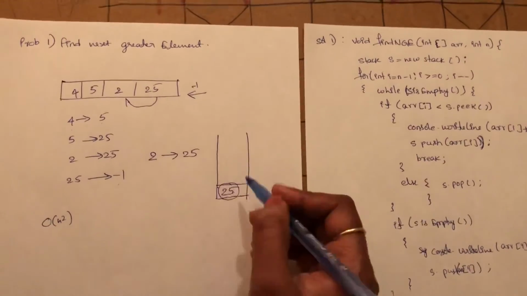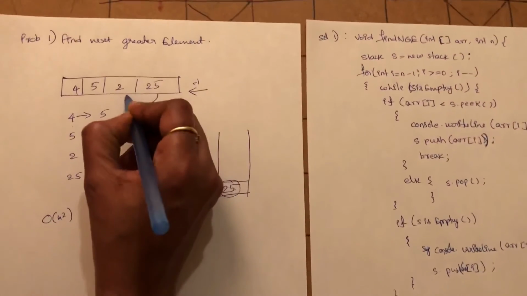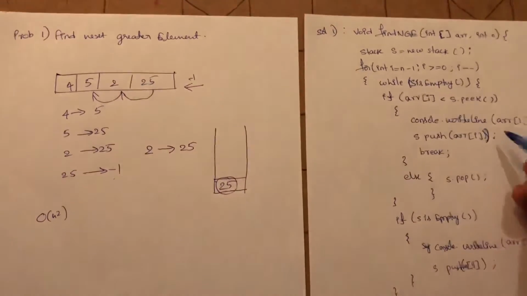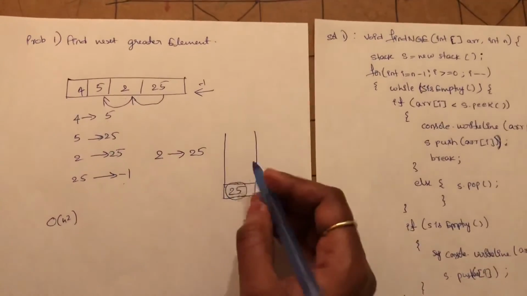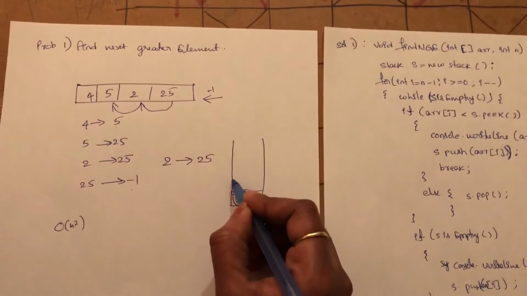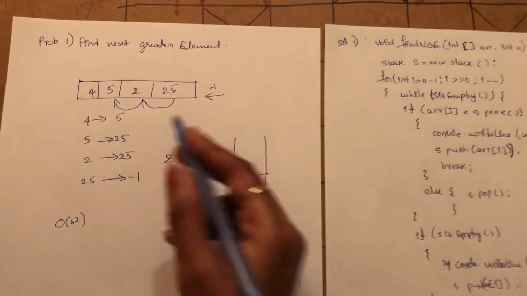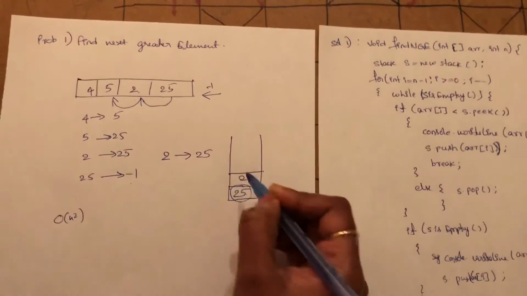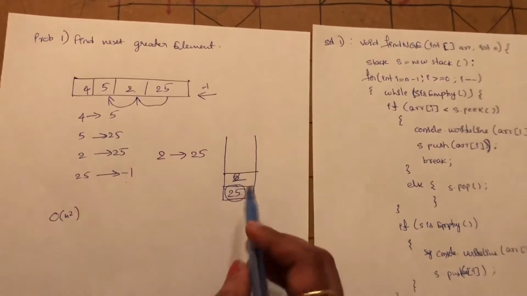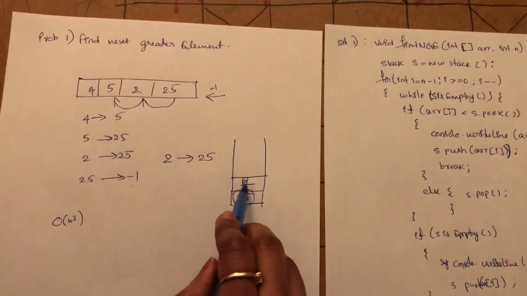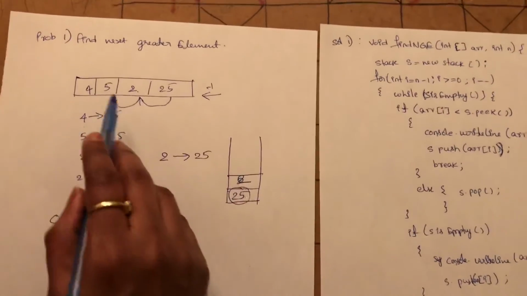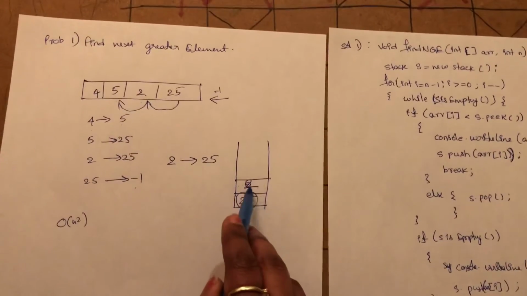The next iteration comes here, and it pushes array of i onto the stack. Now the stack peek element is 2, and it compares, is 5 less than 2?